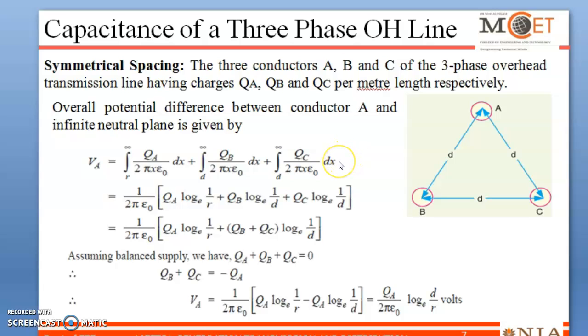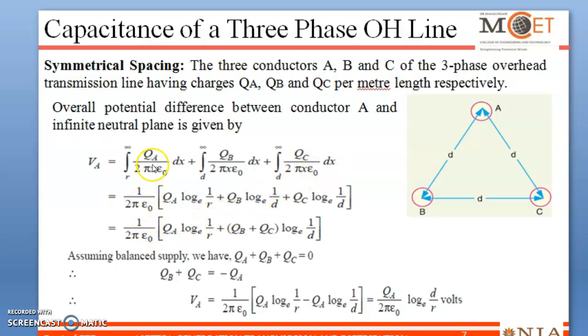These three conductors are placed in an air medium, so we substitute epsilon naught value as 1.